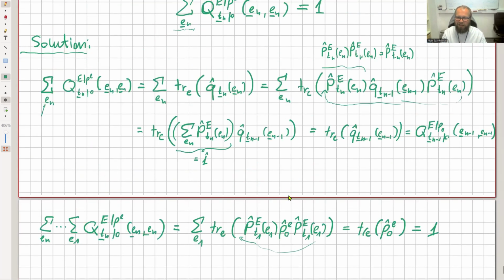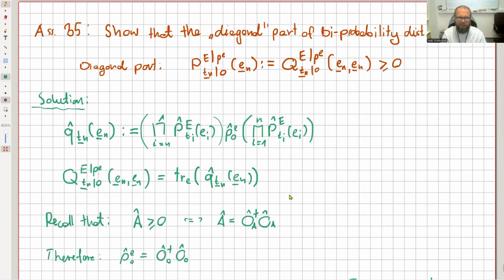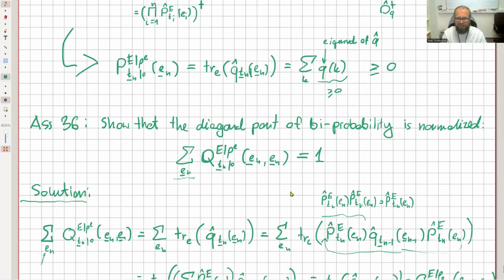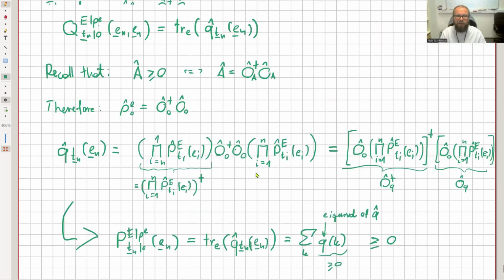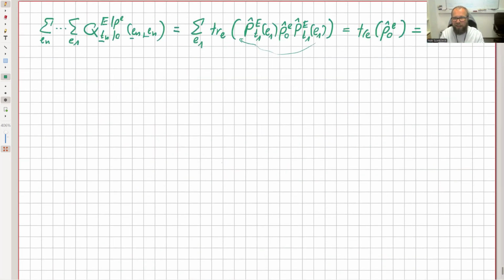Okay. In other words, we just showed, we've proven, that it's normalized. The diagonal part is also normalized. Let me find my place. Okay, I'm here. So we just demonstrated that the diagonal part of the biprobability is normalized and non-negative.